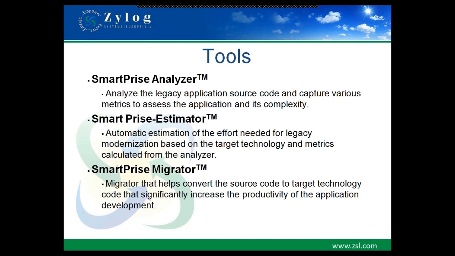Then we have the third set of tools, which is the main one, Smart Price Migrator. It analyzes the source code, parses it, and converts it into an intermediary language, which could be XML or a proprietary language. That is then converted into the target technology language, which could be Java or .NET, and even within Java, it could be JSF, JSPs, iPhases, Hibernate, or Spring.